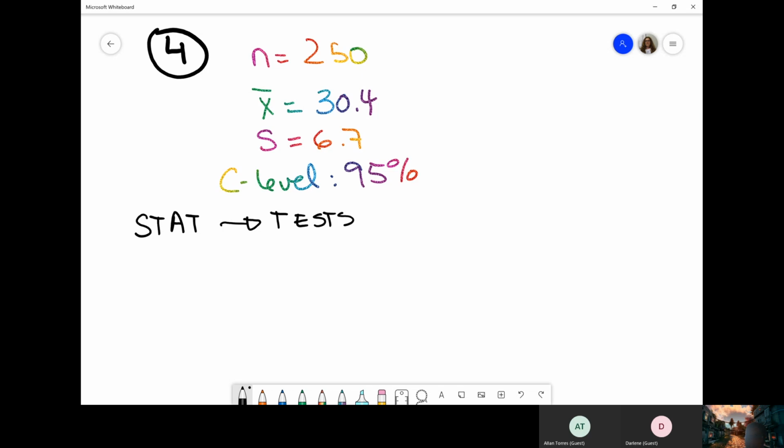When s, the letter s, for sample standard deviation, is given, what we need here is a T interval. So scroll down to number 8, T interval. Press number 8. Do you see that?